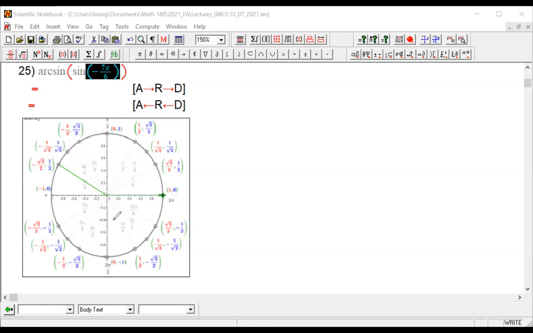That is A, negative 7 pi over 6. And what's the reference angle? Pi over 6. And by definition, that ratio is half. So since the ratio is positive, that's why we can say it's pi over 6 and not negative pi over 6. Correct.